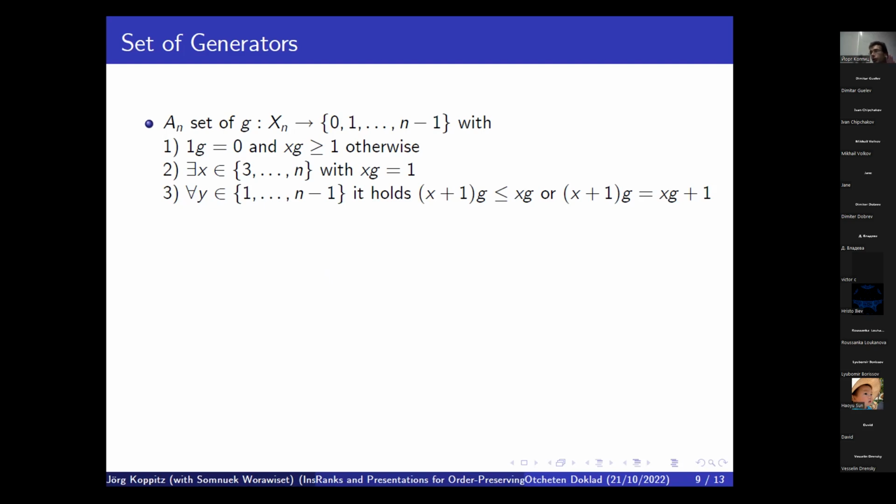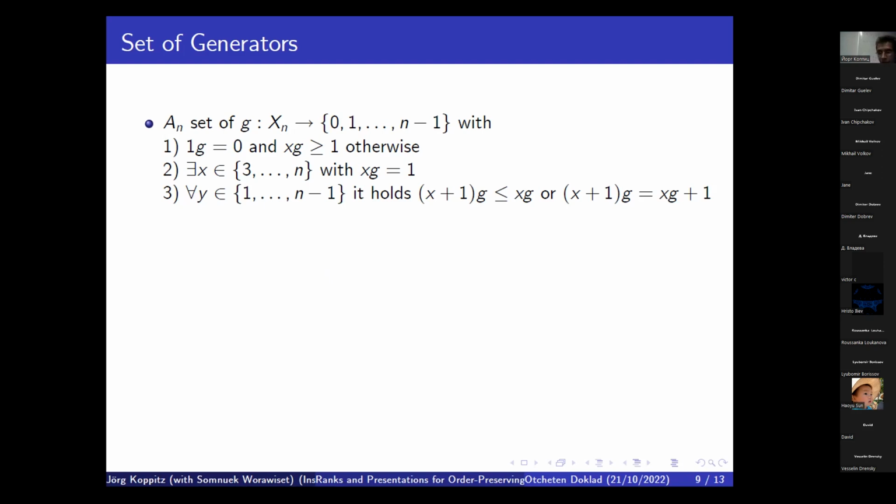We consider all mappings from Xn into this set 0 until n-1 with 1 goes to 0, this is fixed, and all other images are greater or equal to 1. And we have at least one element in Xn which has image 1, but it is not 2. It means from 3 up to n we find an element g whose image is 1.